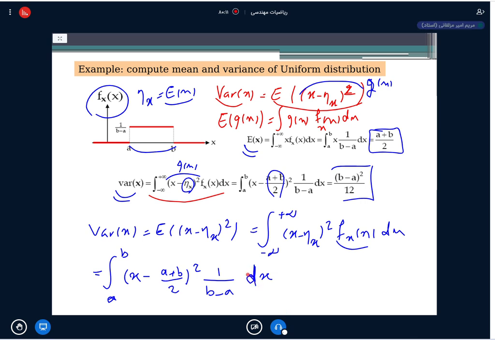Here you can compute this to the power of 2, take the integral of each term, and then compute this integral, which will be equal to this. Any question?